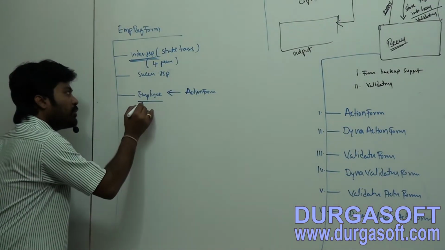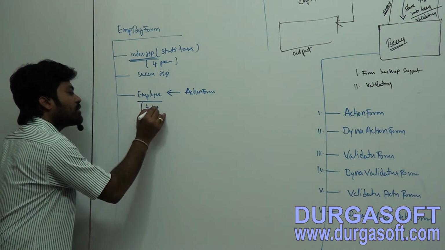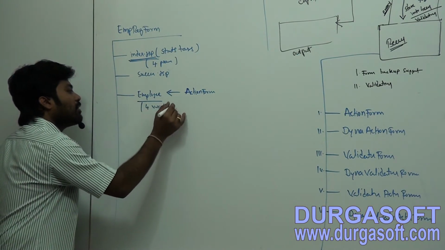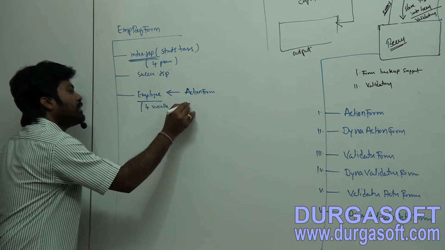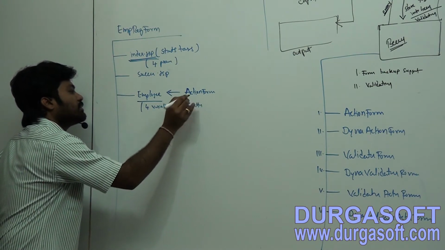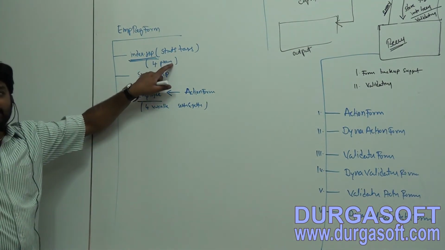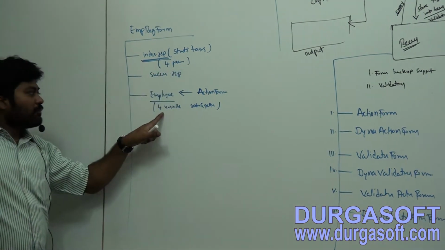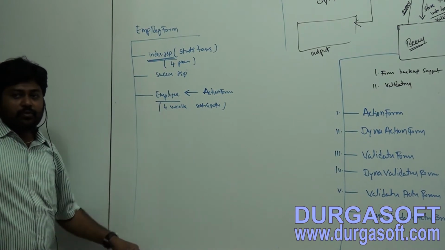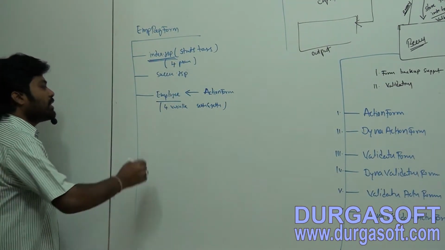Then those same 4 input variables we need to take here, along with setters and getters inside this bean. If your input form contains 10 input parameters, then we have to create 10 input variables inside the bean, along with setters and getters.